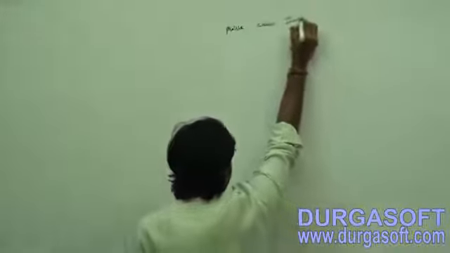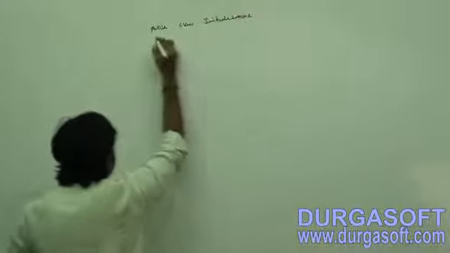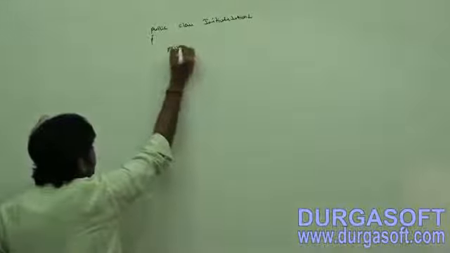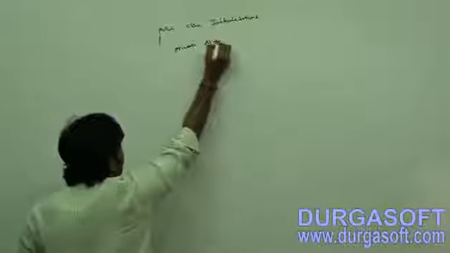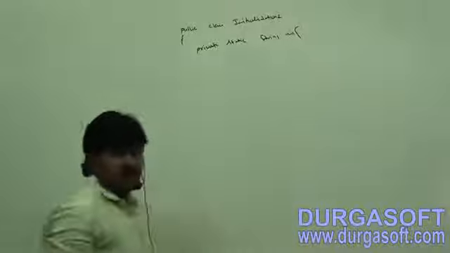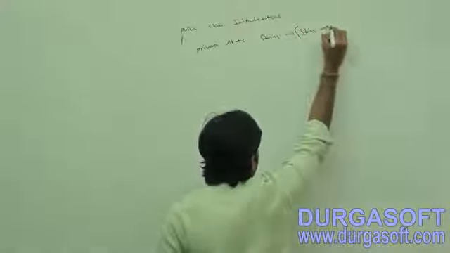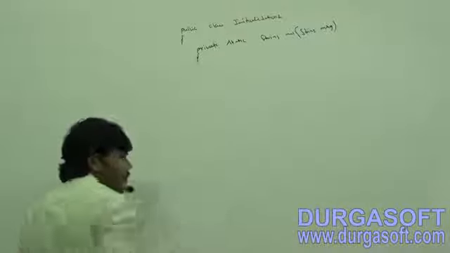Sir, can you please guide what is the code? Public class initialization2. Next, private, one static method. String is the return type. M1 method, it is expecting string msg.